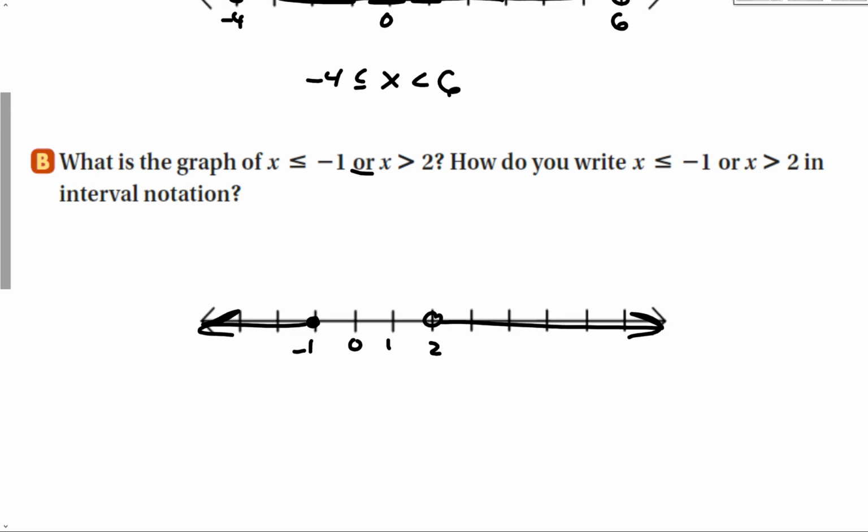Always go left to right, always go from smallest to biggest. So we're going to start over here with -infinity, comma, -1 with a bracket because it's a dot, it's an or equal to, or parentheses 2 going all the way to positive infinity.